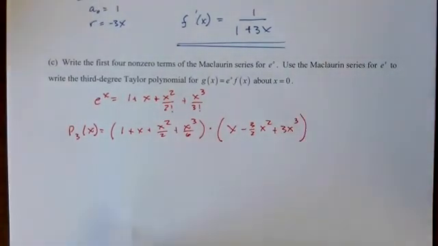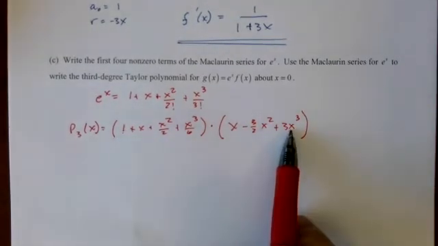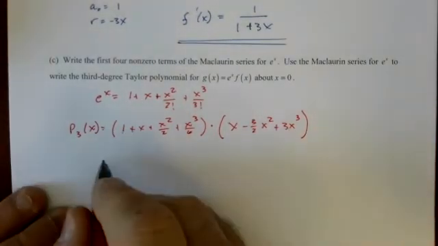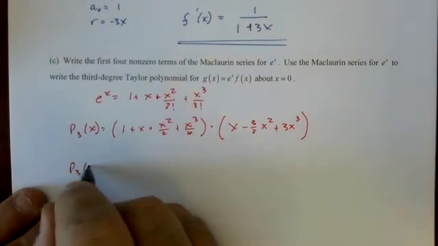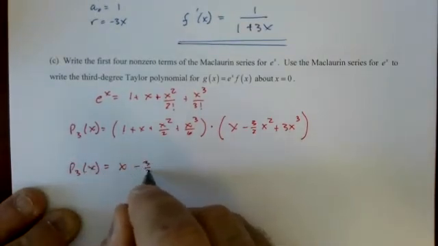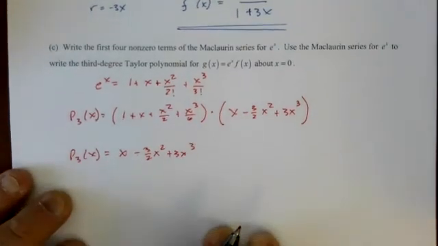Now that might seem unfair to blast out all those, but I only have to do the ones I need. So since this is a 1, I need up to an x to the third here, no question about it. They want the third degree polynomial. But once I get past that, I don't have to do all of them. So P3 of x equals x minus 3 halves x squared plus 3x to the third.